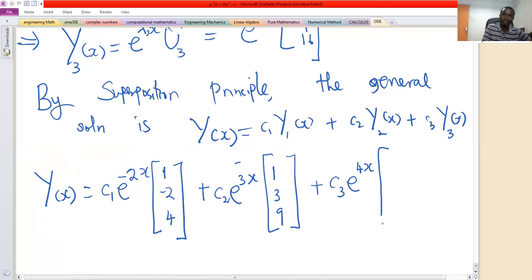The vector in the third case was 1, 4, 16.